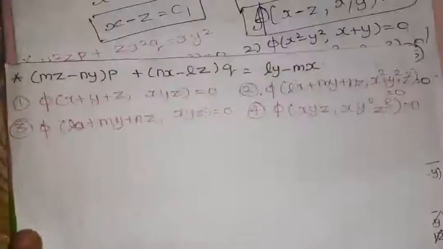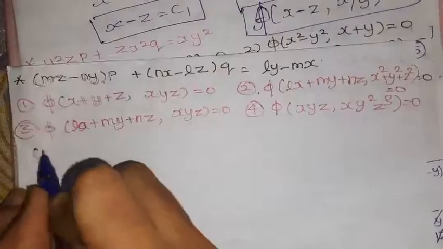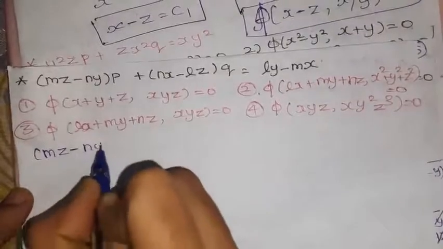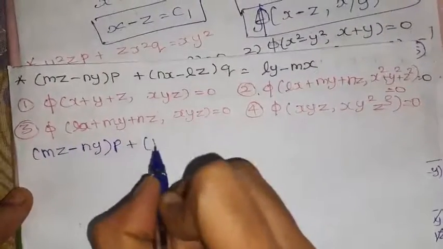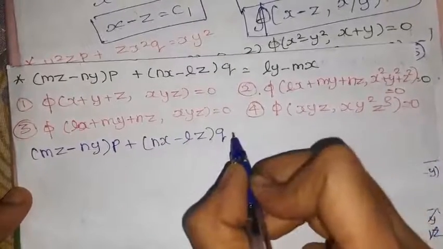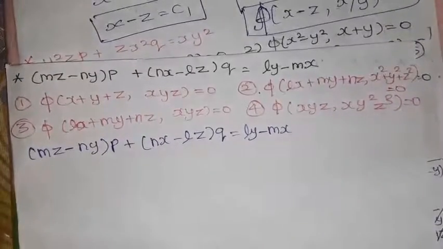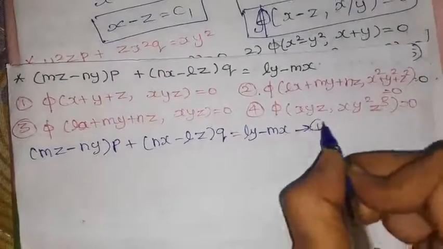We'll solve some more problems. I am writing here (mz minus ny)p plus (nx minus lz)q equal to ly minus mx, okay. So it is equation 1.